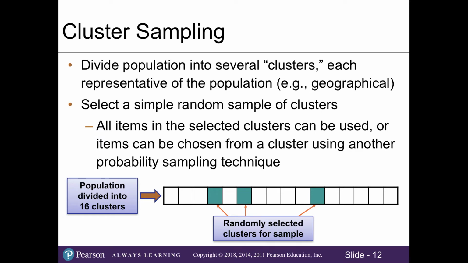One way to think about it is if we looked at Oceanside and imagined each block of homes or street as a cluster. We can randomly select a couple of different streets or neighborhoods or blocks, and then those would be what we want to study. And perhaps we want to use simple random sampling, so we're not studying the whole block, maybe we'll study 3 homes on each block.